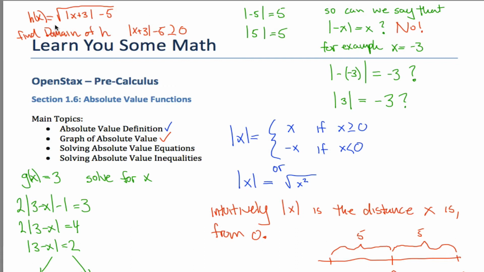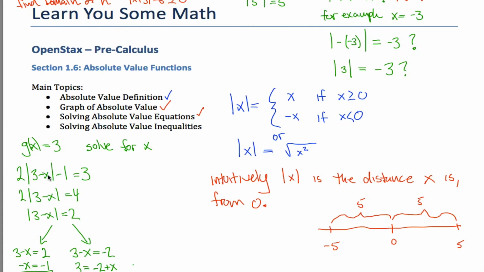This isn't the only place that absolute value inequalities can come up, but it's one thing that we've already seen in terms of domain that might lead you to an absolute value inequality, and that might convince you of the need of this fourth thing down here, solving absolute value inequalities. There might be a case where you would want to solve this inequality. And you know how to solve equalities with absolute values in them, but what about inequalities?